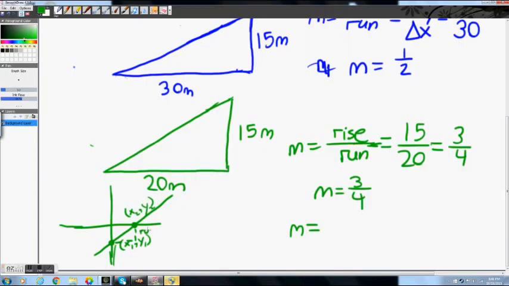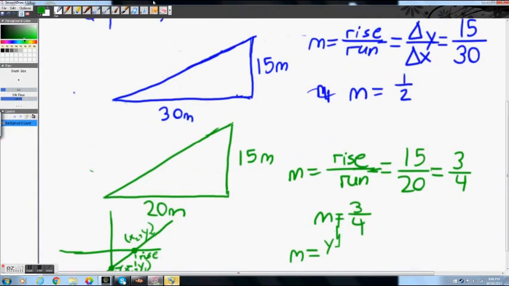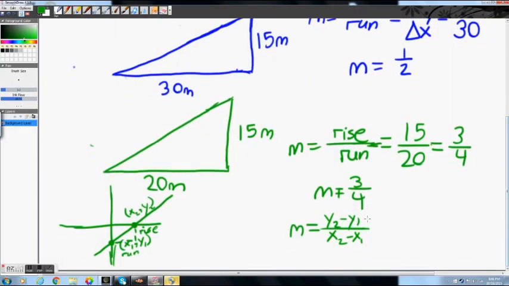The rise over run will be y2 minus y1 over x2 minus x1, the change in y over change in x.